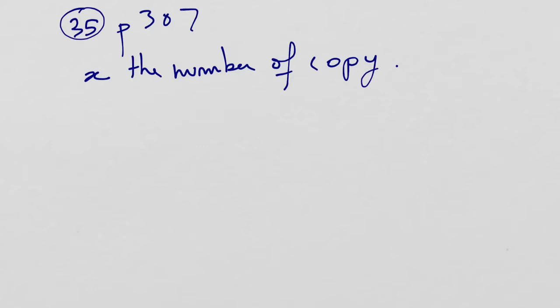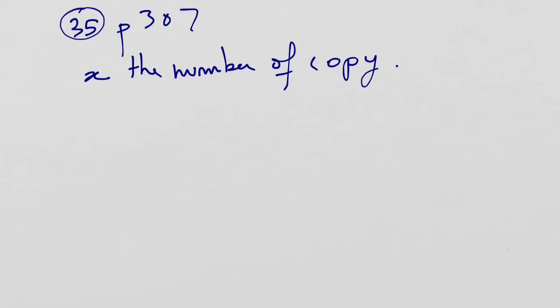Well, guys, that's pretty simple. First of all, I'm going to write x, the number of copies. And I know from the problem that she pays 8 cents to make a copy.